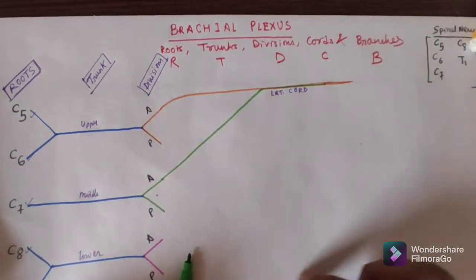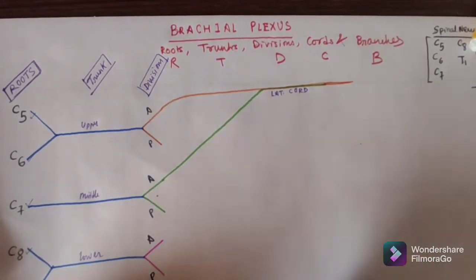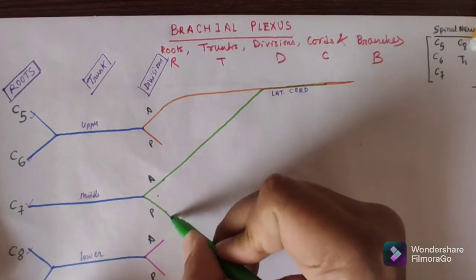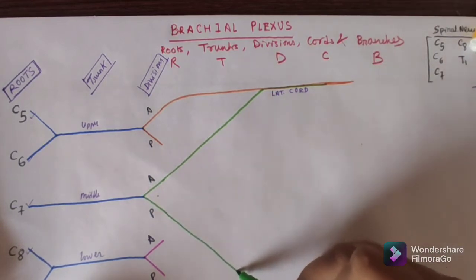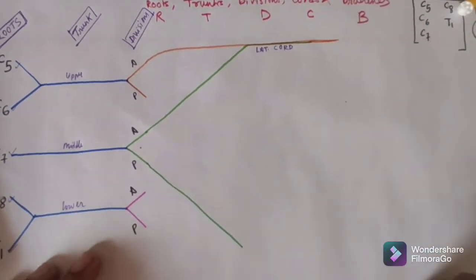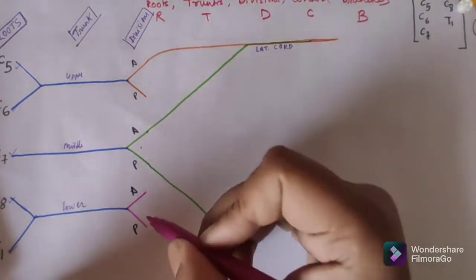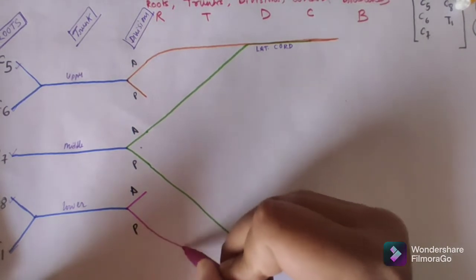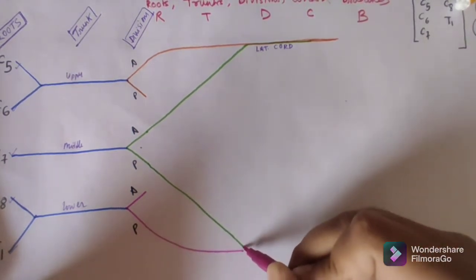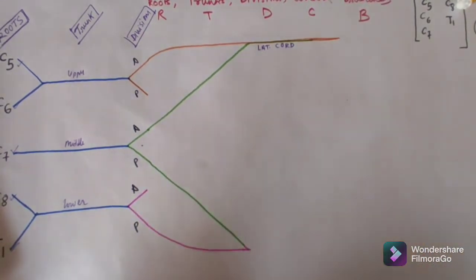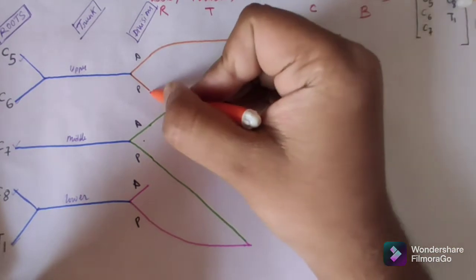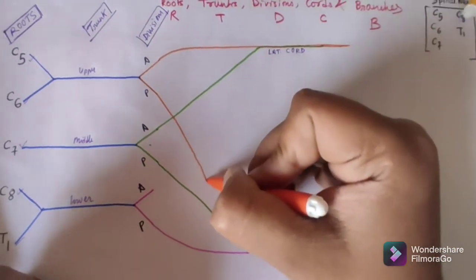Now let's make the posterior cord. The posterior cord will be made by the posterior division of the middle trunk, along with the posterior division of the lower trunk, and also the posterior division from the upper trunk.